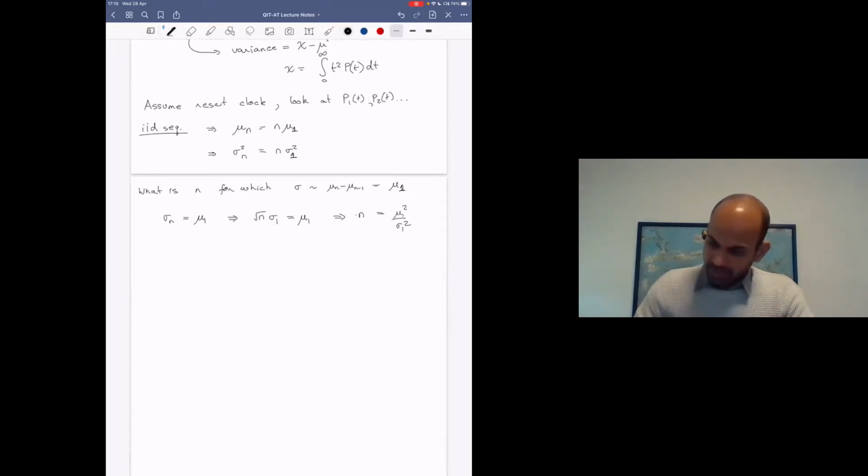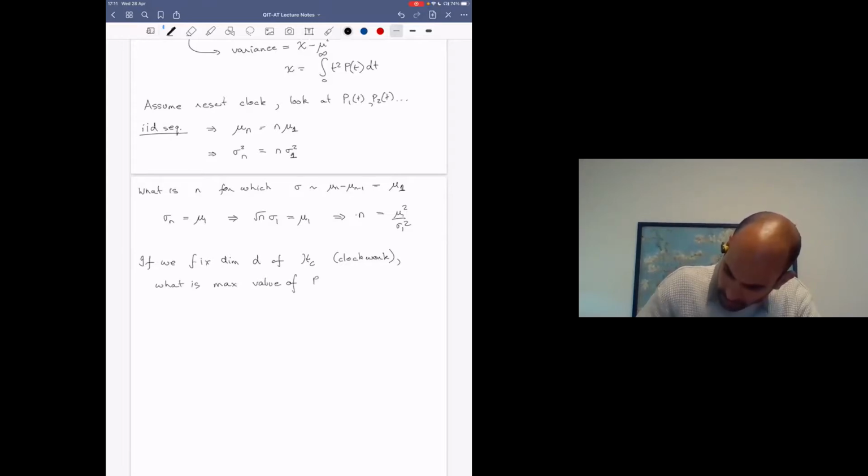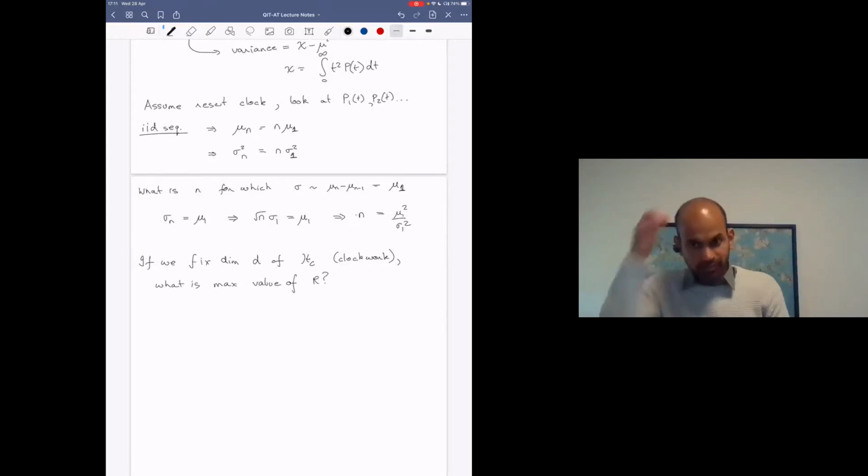So, okay, now we can return to the physical questions. For instance, we can ask, if we fix the dimension D of the clock, of the Hilbert space rho C, the clockwork Hilbert space, then what is the maximum value of R, for instance?